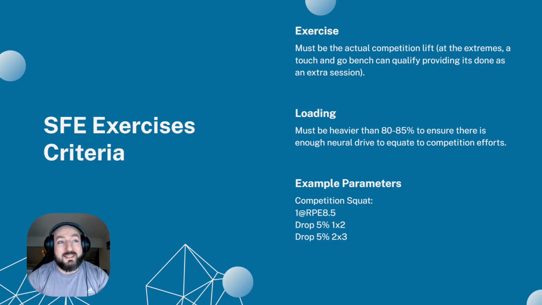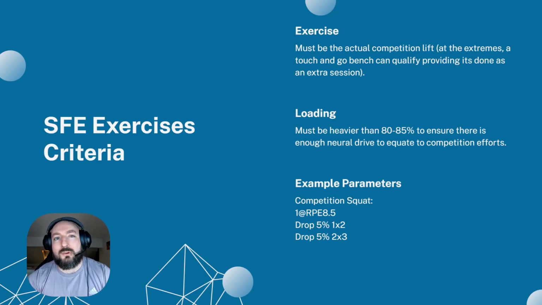The only difference is, as you put more and more weight on the bar, you don't really apply much more force, the bar speed just slows down to the point where you fail the lift. A perfect example of loading can be on the screen now, which is typically 1 rep at RPE 8 to 9, 8.5 as an average, and then some doubles and triples with a small drop off from them.